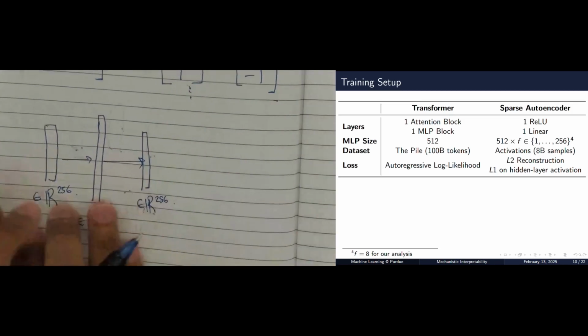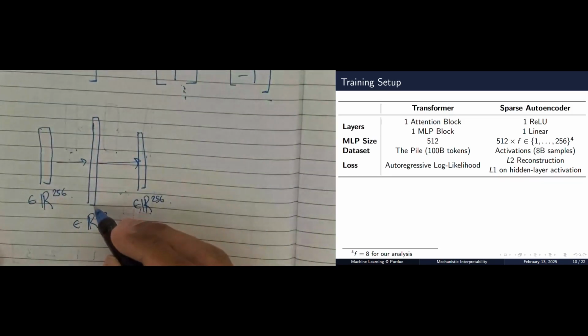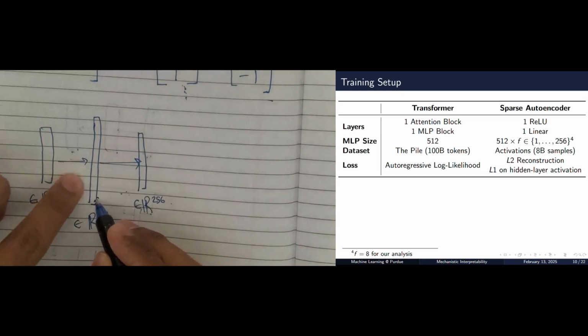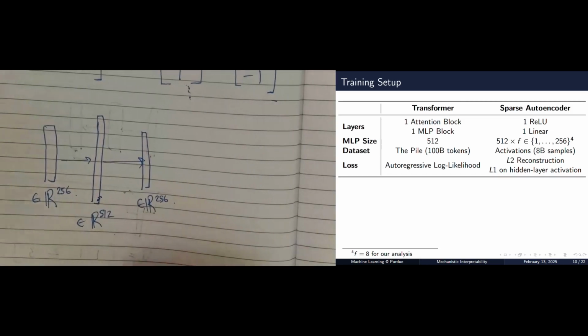This feed forward process is your MLP stage, right? Now we take the outputs from here, these latent vectors, and then decompose them into something that is even bigger.